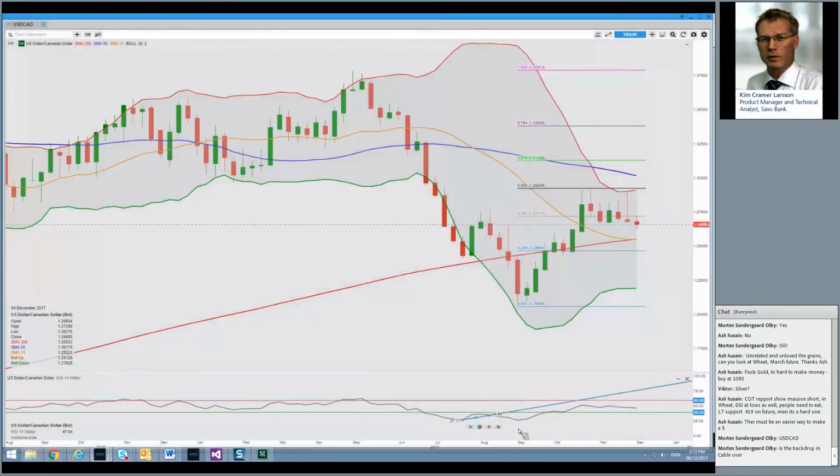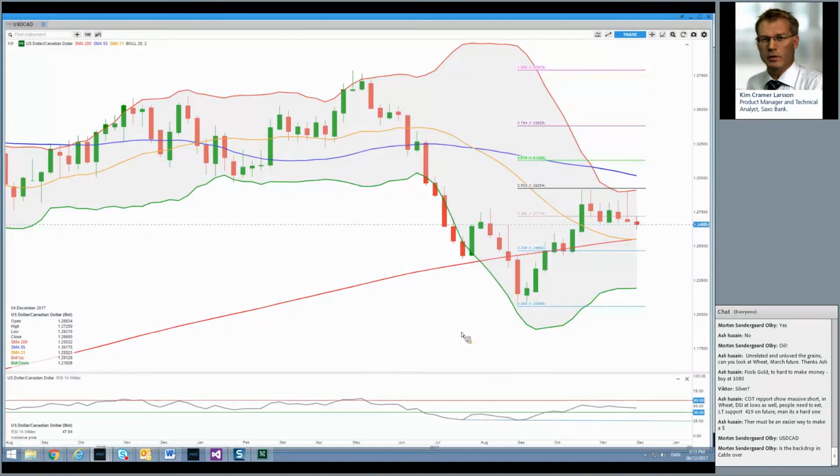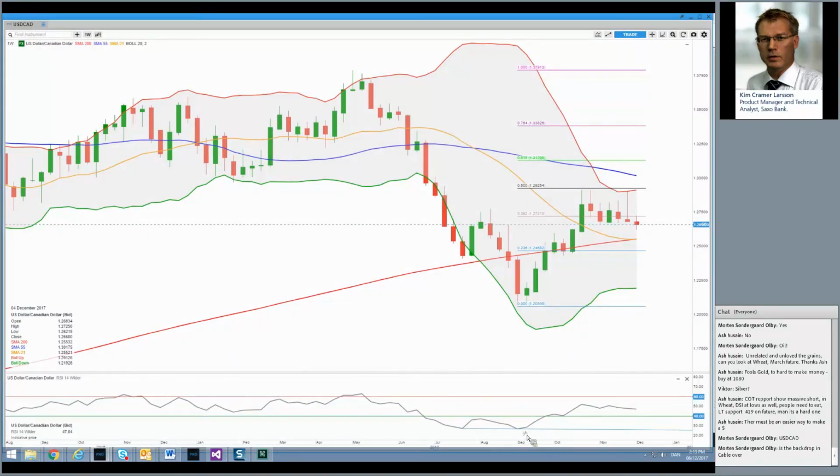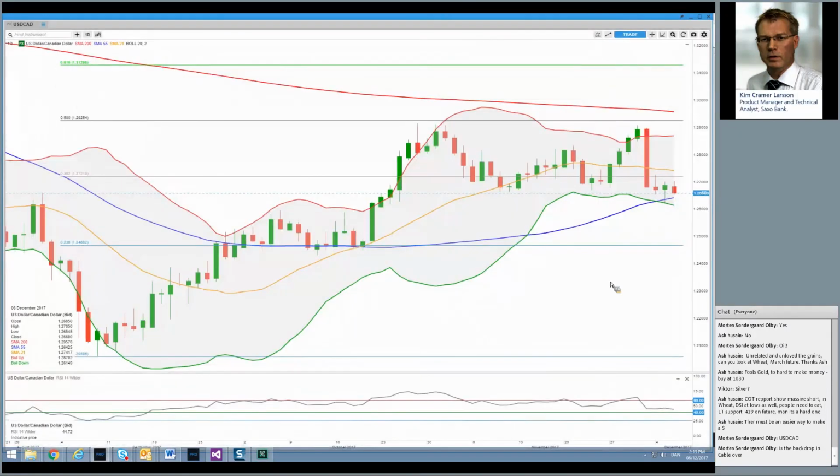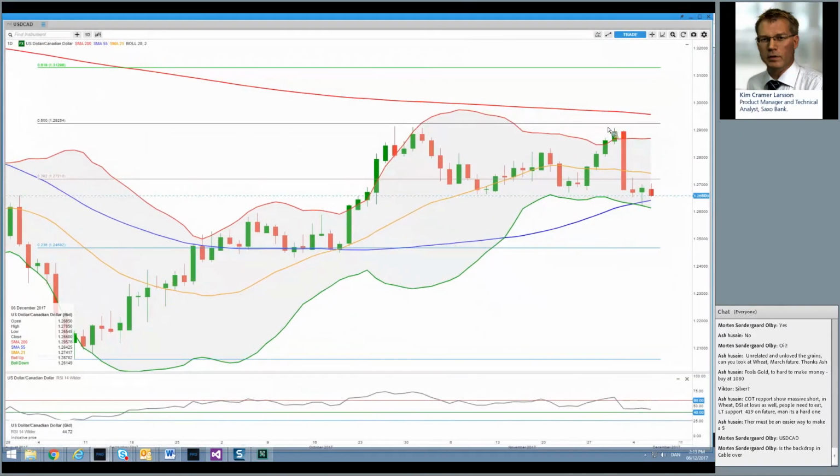But what's actually interesting to see, there was no divergence, as you see. Lower lows on the RSI, lower lows on here. So will it turn around and make a new low? That's too soon to tell. So let's move in. Also, very low activity going on.